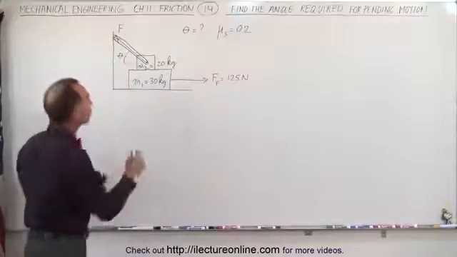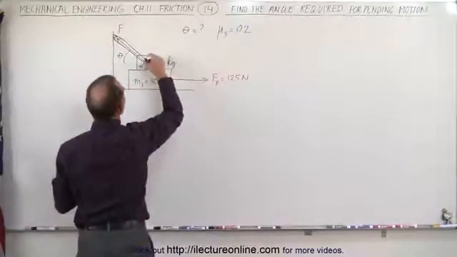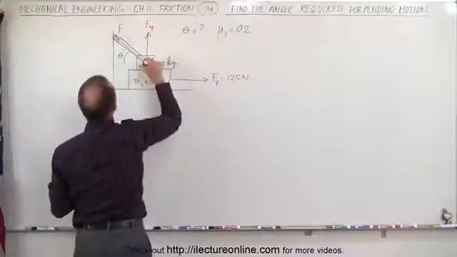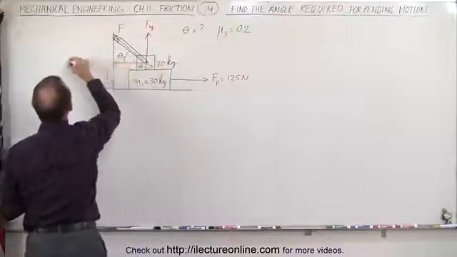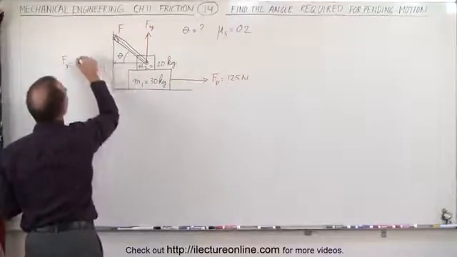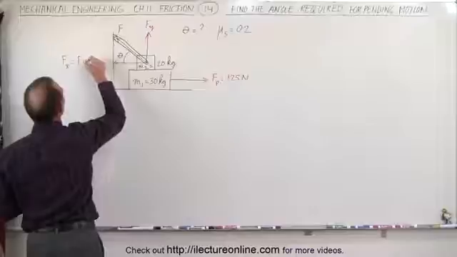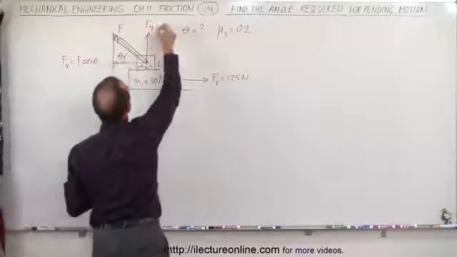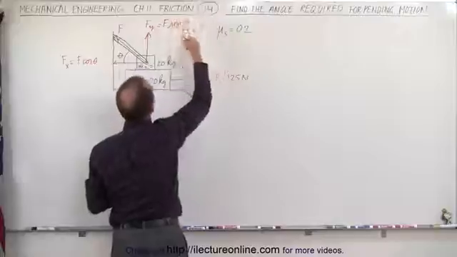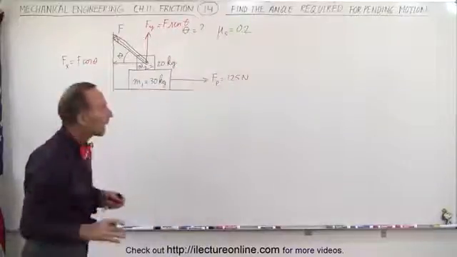That means there's going to be a vertical component, let's call it F sub y, and a horizontal component, F sub x. F sub x is equal to F times the cosine of the angle theta, and F sub y is F times the sine of the angle theta. And again, we're trying to find what that angle will be.